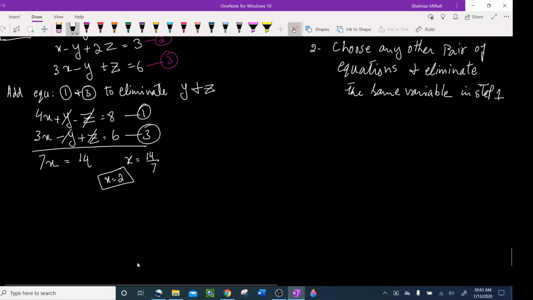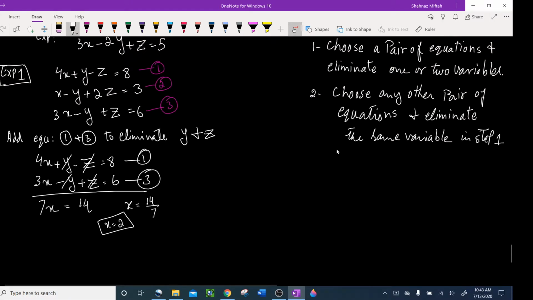Okay, now let's pay attention to the second step. Choose any other pair of equations, eliminate the same variable. So in the first two, 1 and 3, we eliminated y and z. So let's take two other equations, for example equation 1 and equation 2, where I can eliminate the y.